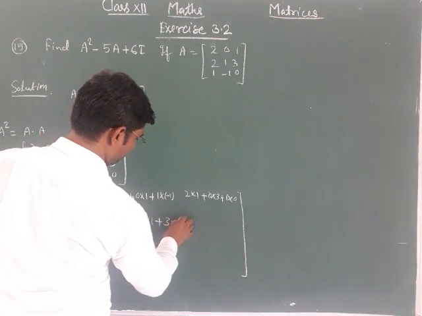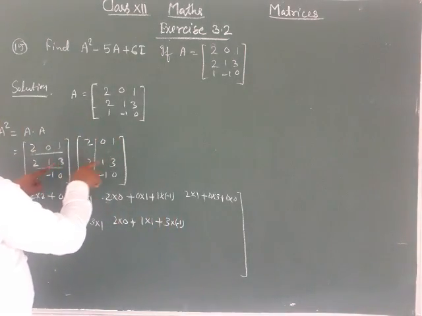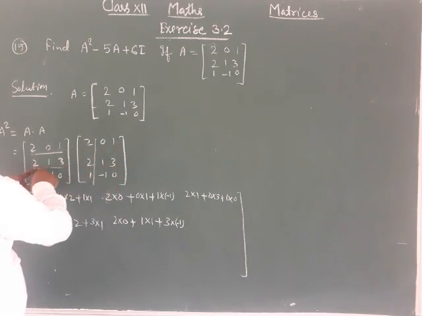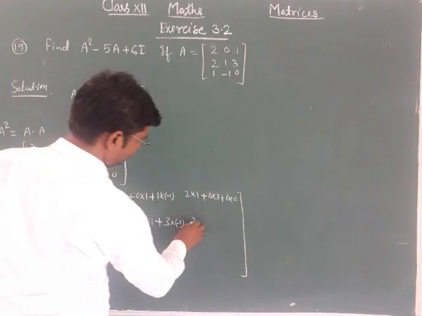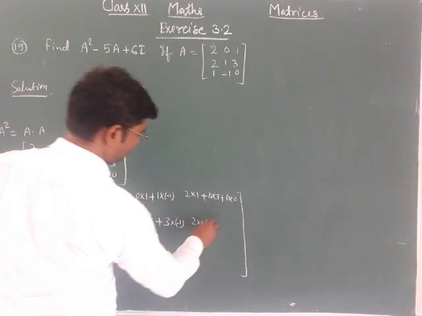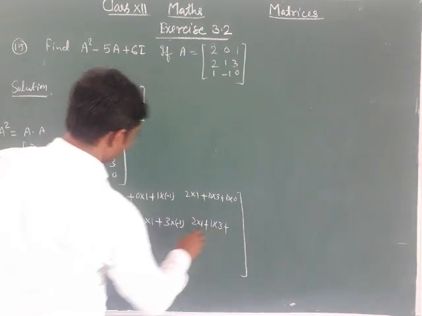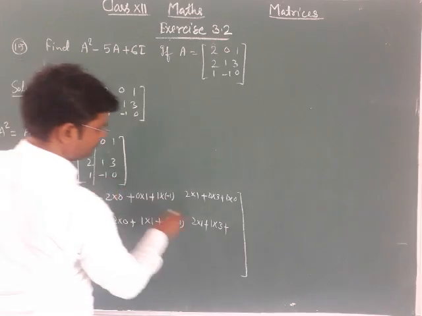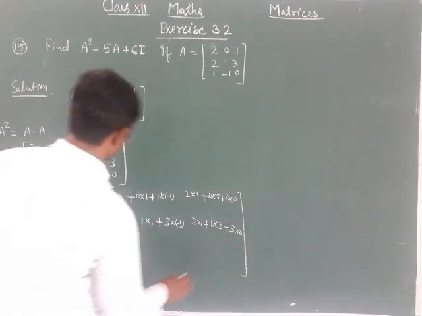And the second row and third column: 2 into 1, plus 1 into 3, plus 3 into 0.